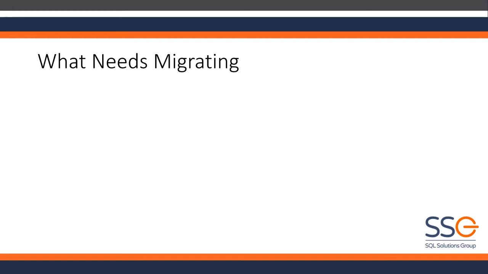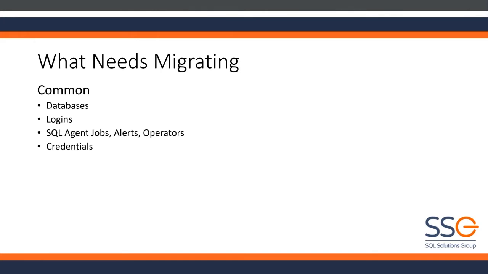Okay, what are the things that we need to think about migrating? There's a list of common items that I have here, and then some less common, and this is just based upon what we see. There's the obvious ones. We have databases, we have logins, we have all of our SQL Server Agent objects: jobs, alerts, operators, and so forth. We may have credentials.